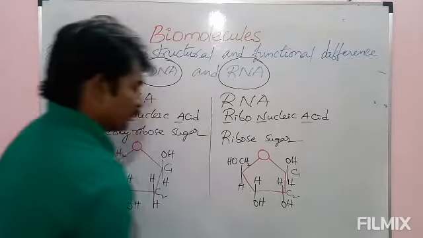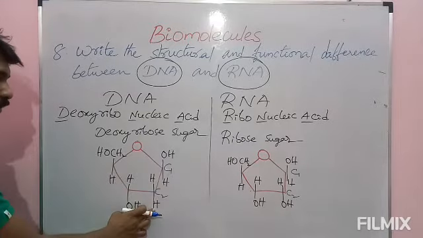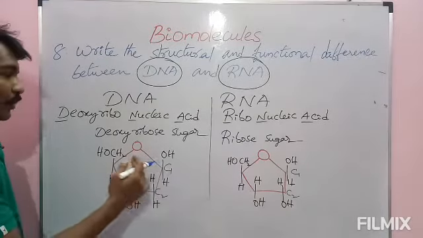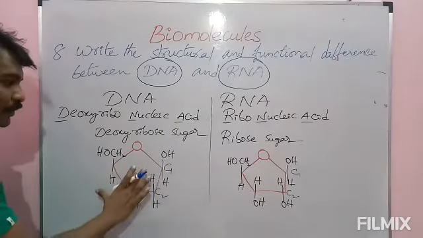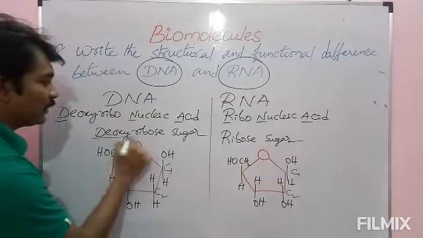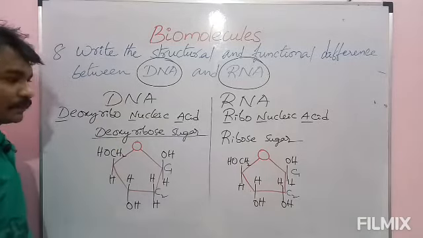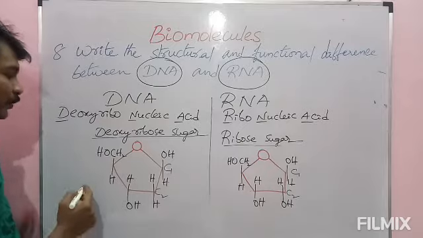At the second position, oxygen is removed. Deoxyribose sugar is a ribose sugar without one oxygen. That's why the name deoxyribose sugar. And this is ribose sugar. Very, very important point.